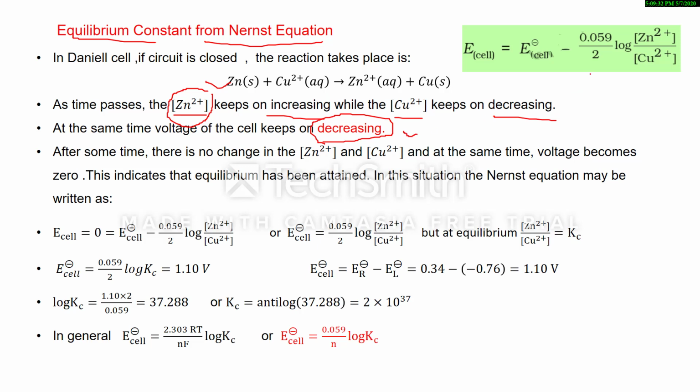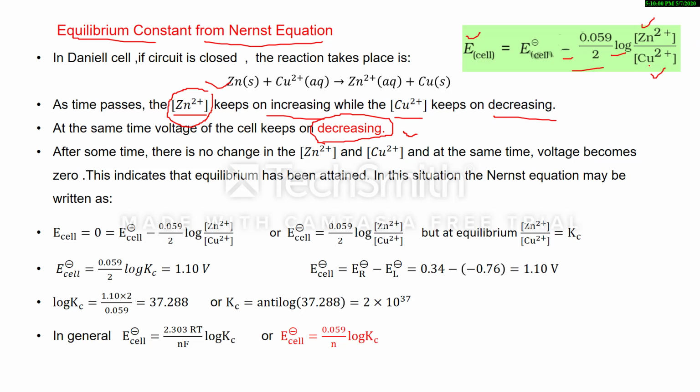Okay, you can see this equation again. Now in this we can say, if we correlate E cell with the concentration of Zn2 plus and Cu2 plus, actually this is the log and this is the negative log. It means as Zn2 plus is increasing, E cell will decrease.